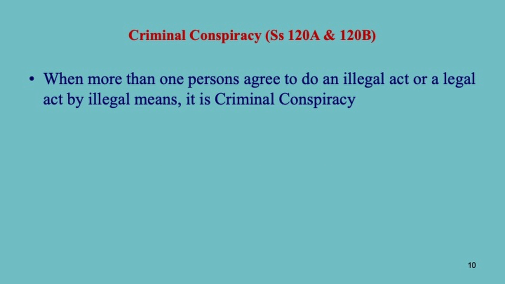Chapter 5A, containing sections 120A and 120B, deals with criminal conspiracy. Here, two or more persons enter into an agreement to commit an illegal act or a legal act by illegal means. Where the agreement is to commit an offence, the mere agreement would be punishable even where no overt act is committed in furtherance of the agreement.